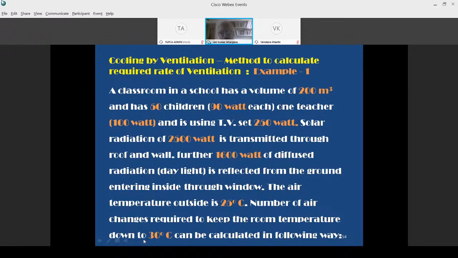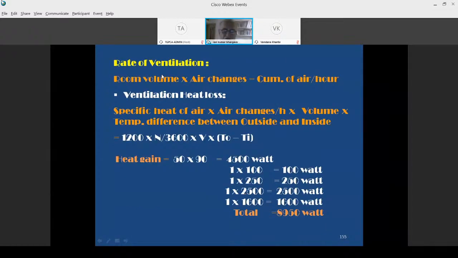Then, friend, what we are doing here is, with the help of ventilation, we want to increase heat loss to bring the temperature back down to 25 degrees Celsius. So the formula is: specific heat of air, that is 1200, please remember, multiplied by air changes per hour, multiplied by the volume of the room, multiplied by the temperature difference between outside and inside.